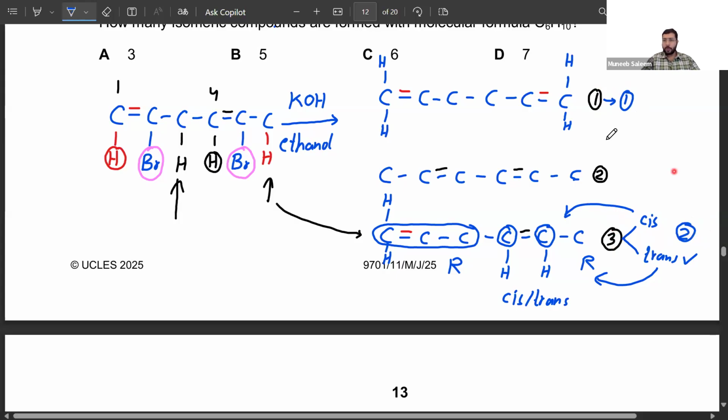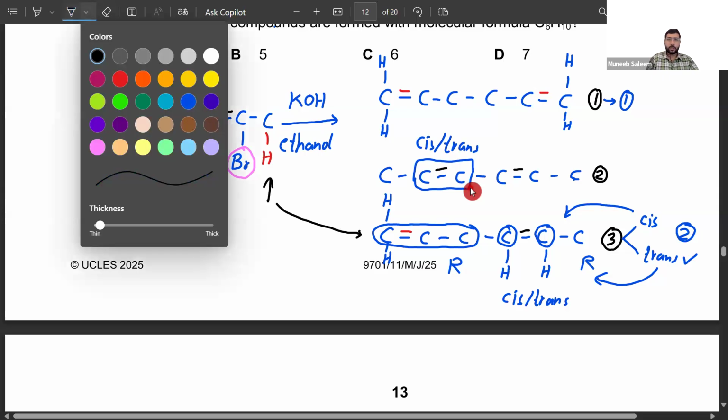Now we have to come to the compound 2, the second isomer. In the second isomer, we have the situation in which you can see that a cis-trans can be obtained from these two carbon atoms, because we again have alkyl groups and the hydrogen atoms bonded on them. I can clearly show here.